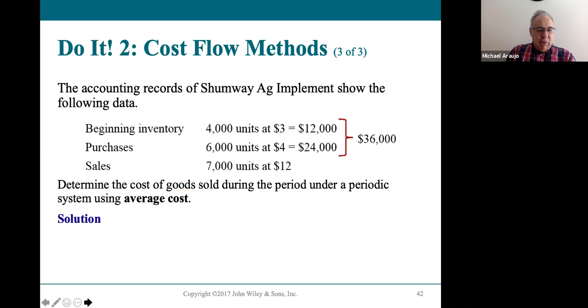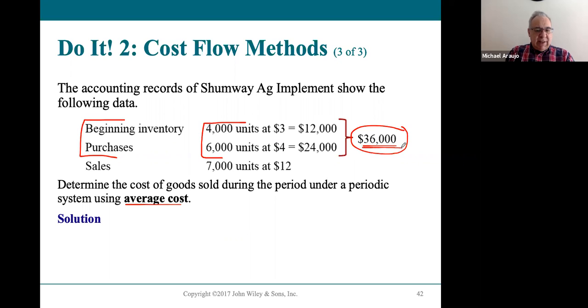And the last thing would be your average cost. So to get an average cost, you need to find out two things. How much did it totally cost you to buy these 10,000 units? Well, it cost $36,000. 4,000 at 3 is 12 grand. 6,000 units at 4 is 24 grand. 12 and 24, 36.